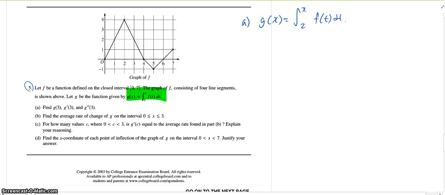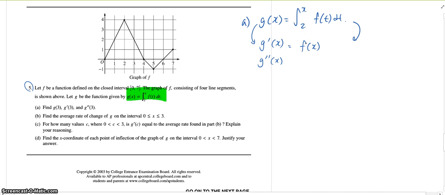Using this, we can get g prime of x and g double prime of x. From g of x to g prime of x is differentiating, so if you differentiate here, you get f of x.